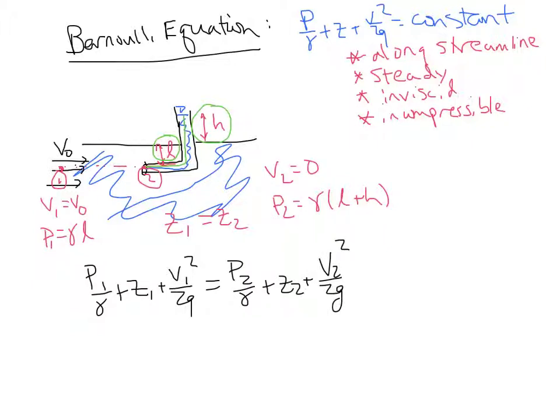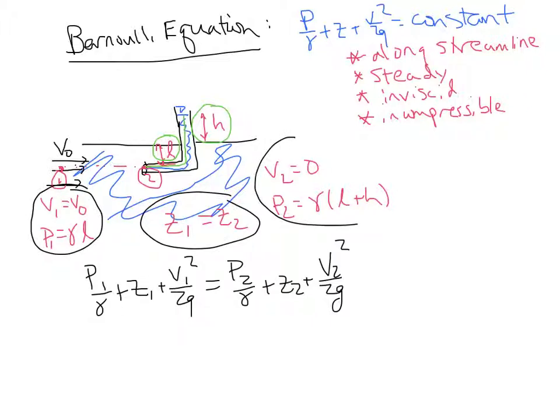And now we just make the substitutions for elevation, velocity and pressure. What we arrive at is P1 over gamma is just L. Z1 and Z2 are equal, so I'm going to get rid of those terms. And V2 is 0.